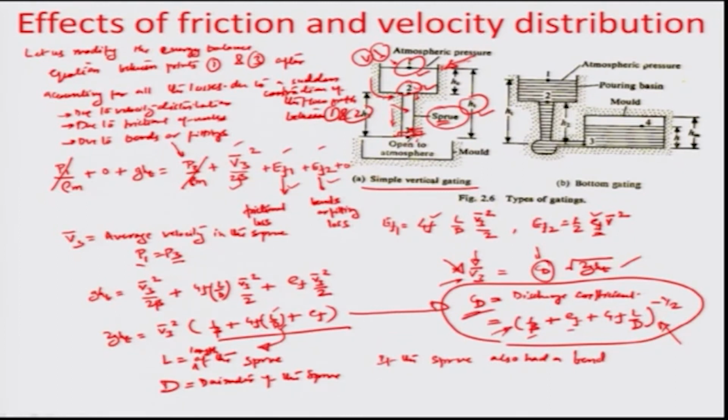So, it is sometimes advisable to not have the gating arrangement which includes the pouring basin or the sprue just over the mold.